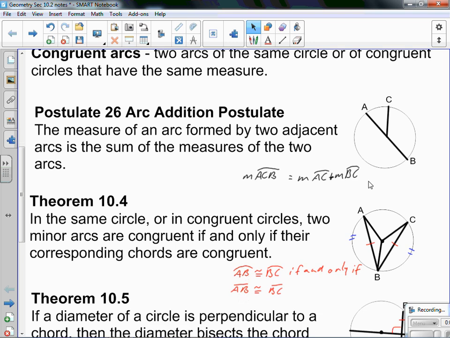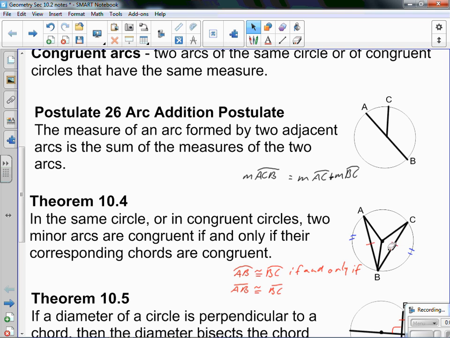Theorem 10.4: in the same circle or in congruent circles, two minor arcs are congruent if and only if their corresponding chords are congruent. So here it's saying segment AB is a chord and segment CB is a chord.